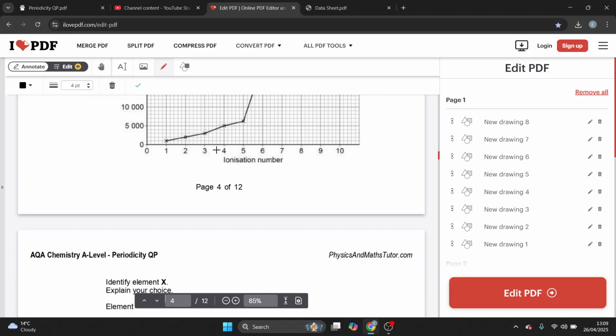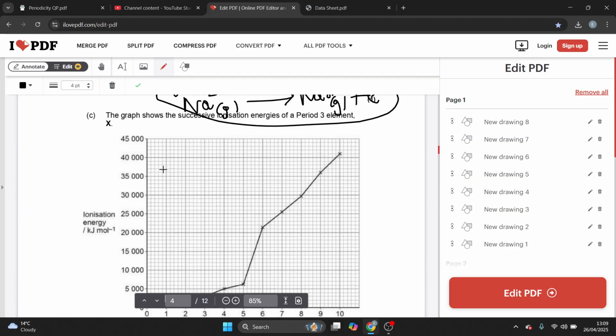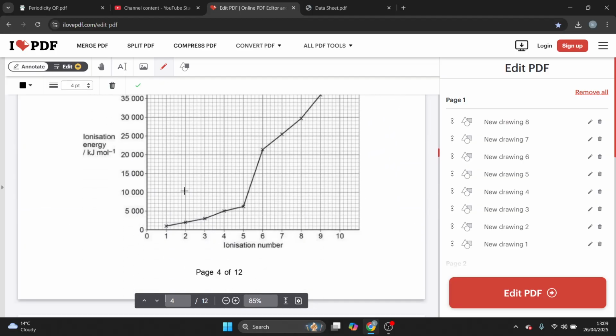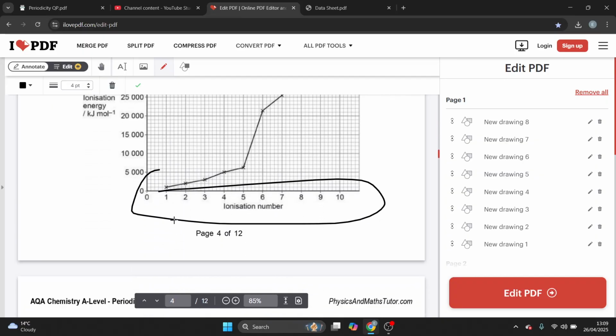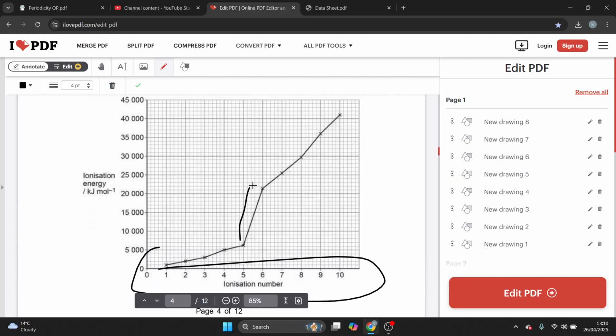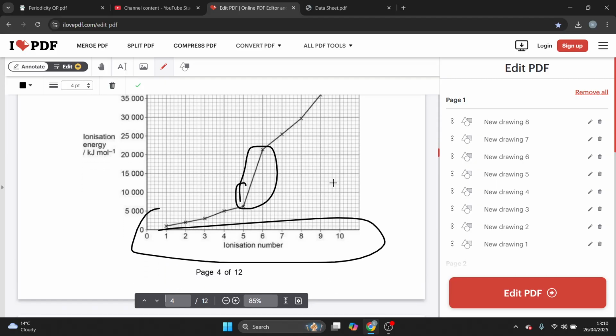Part C. Identify element X. Okay, element X is this. I think it's got at least 10 electrons. The big jump in ionization energy is here. So therefore the element must be in group 5.